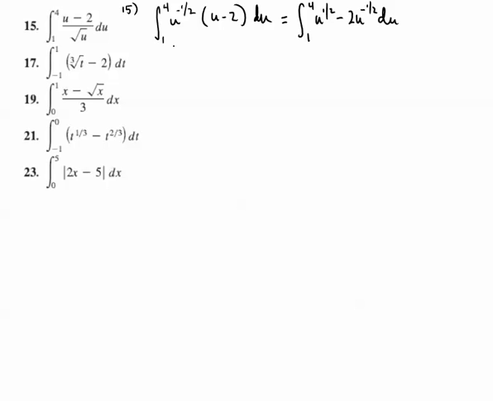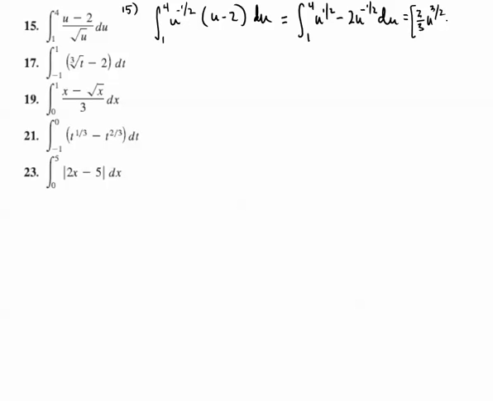And so the antiderivative of u to the 1/2 is u to the 3/2 divided by 3/2, which is 2/3 u to the 3/2. And then the antiderivative of 2u to the negative 1/2 is going to be 2u to the positive 1/2 divided by 1/2, which is the same as multiplying by 2.